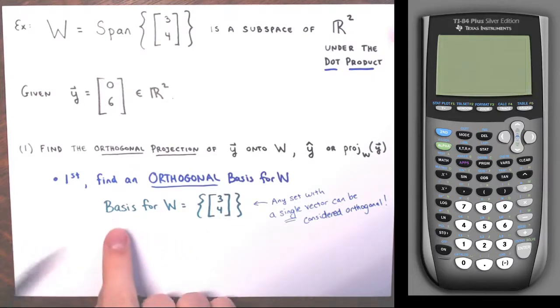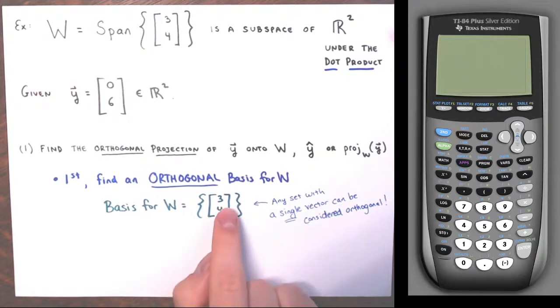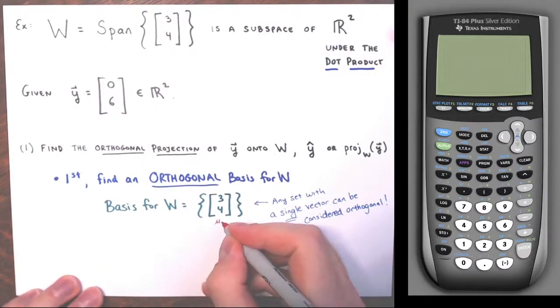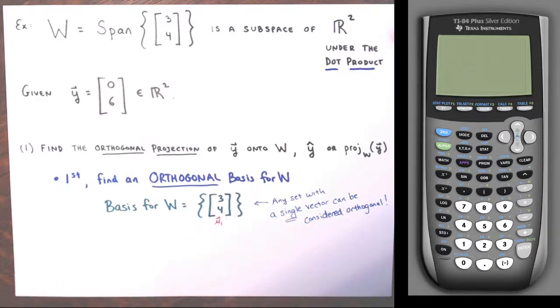So I want to find an orthogonal basis for W. Here it is, this set with the vector 3, 4. I had up earlier that the orthogonal basis had these U vectors in it, so I'm going to call this vector 3, 4 vector U1.